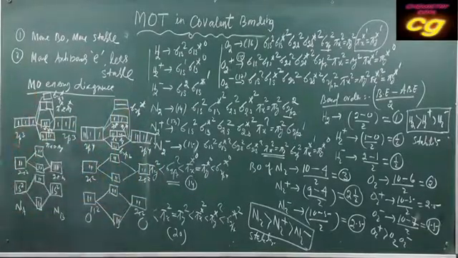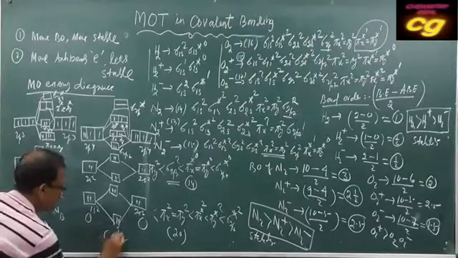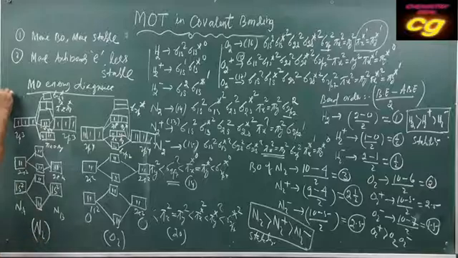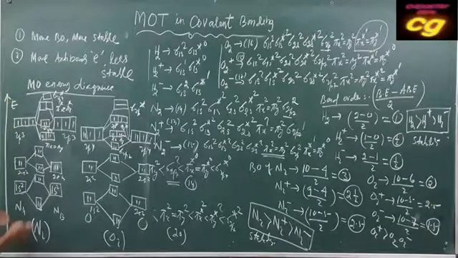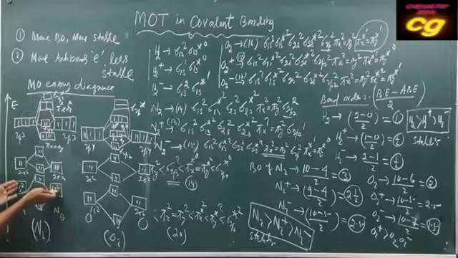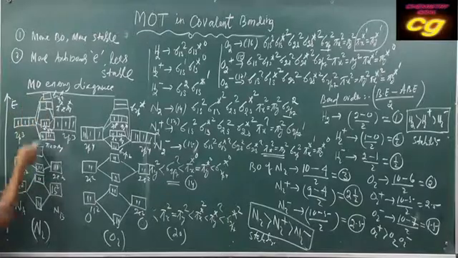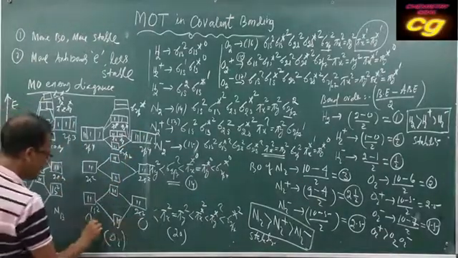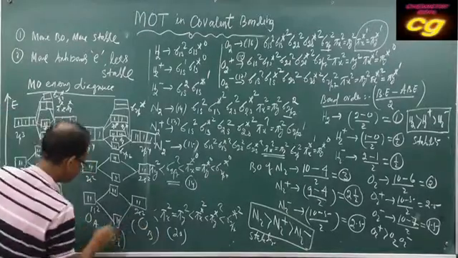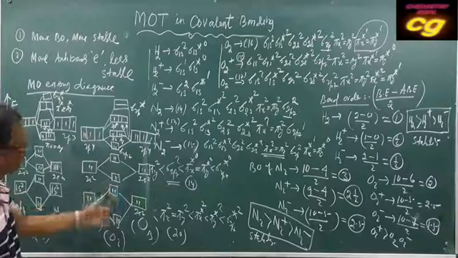So this is the N2 molecule and this is your O2 molecule energy diagram. This is the energy order. Atomic orbitals of similar energy combine; this is the molecular orbital. Atomic orbitals of oxygen A and oxygen B form the O2 molecule, and this is your molecular orbital.